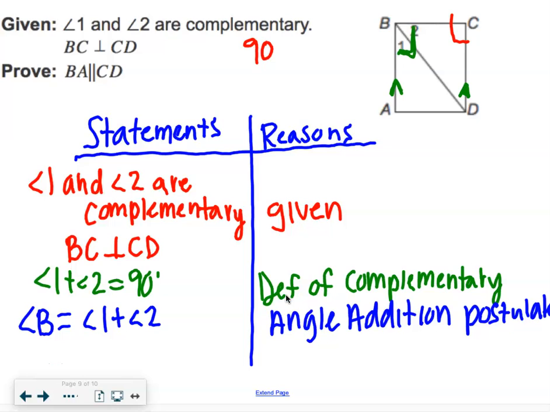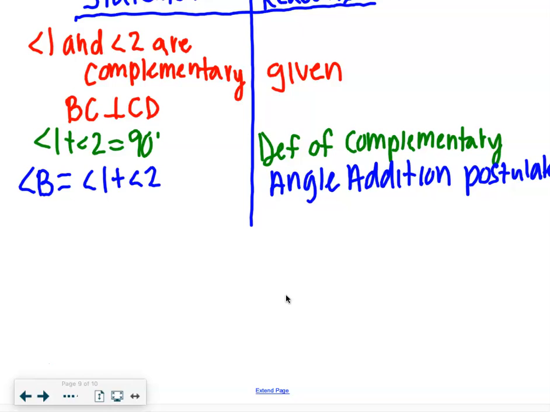So now what can I say angle B equals? 90. What property is that? Substitution. Substitution, transitive.